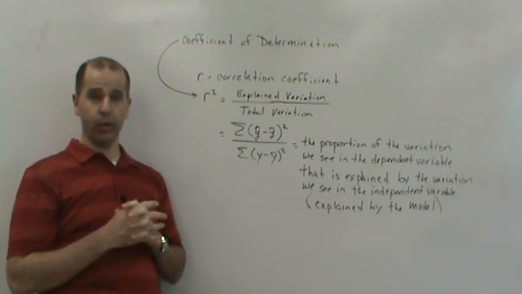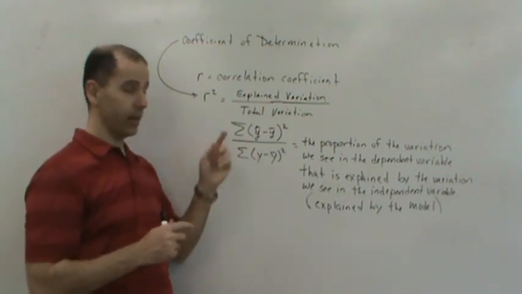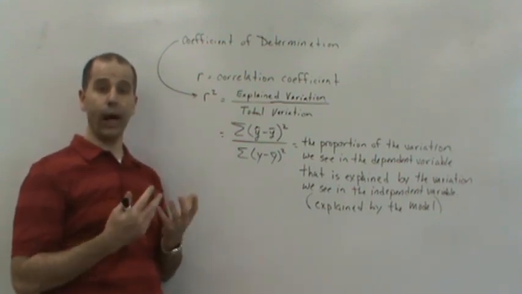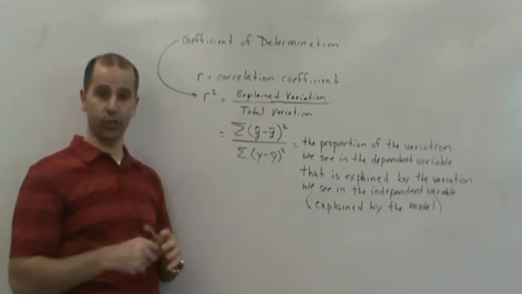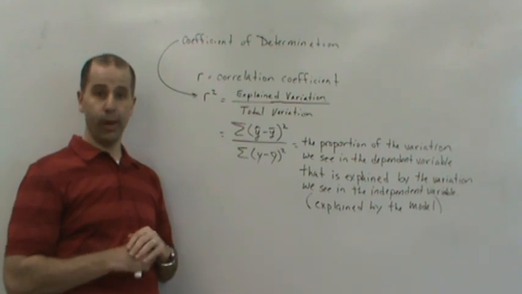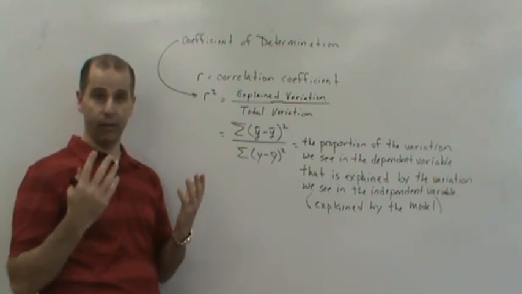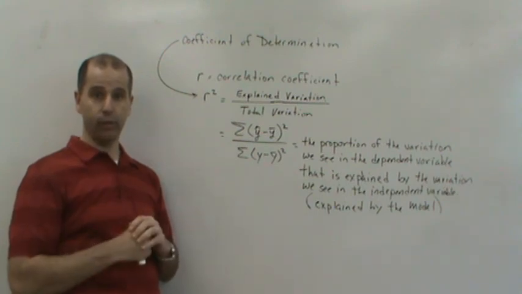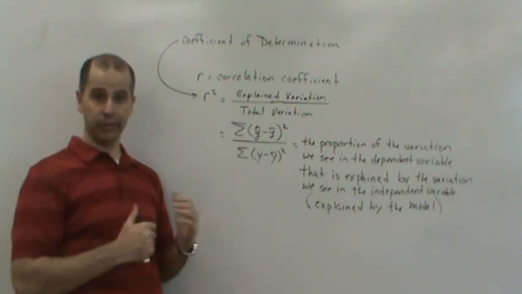In other words, R squared is a quantitative way of telling you how good your model is at predicting the y values based on your x values.